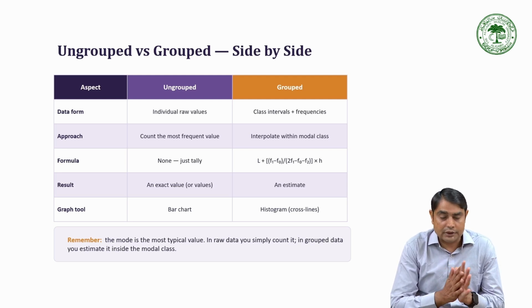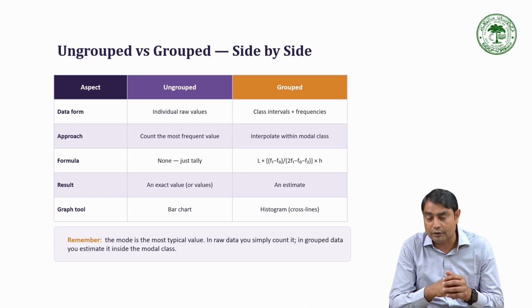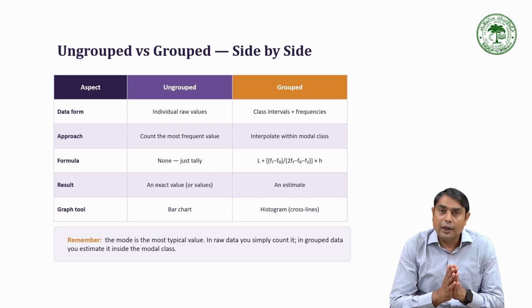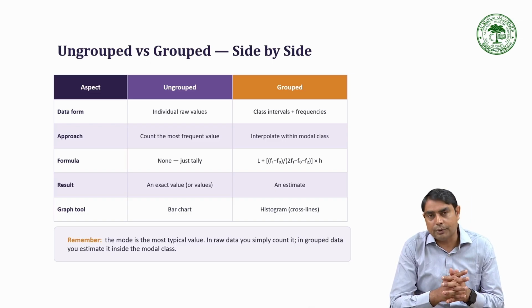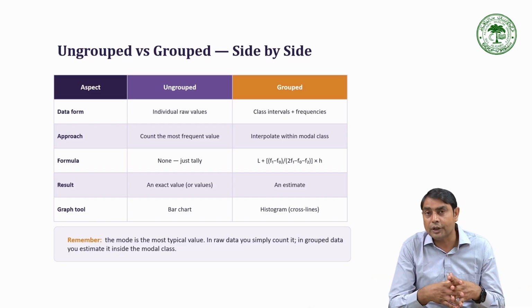Then coming to the result, this will give you the exact value in ungrouped data, and for grouped data you'll get the estimated value. And coming to the graphical tool, obviously the bar chart is fit for ungrouped data, but for grouped data, the histogram will be more meaningful because the data is in a continuous range.